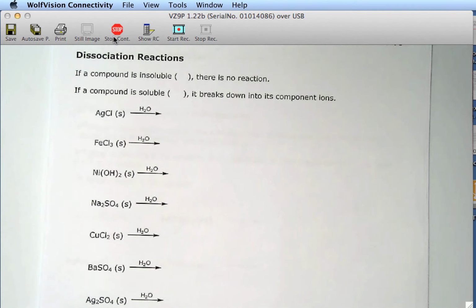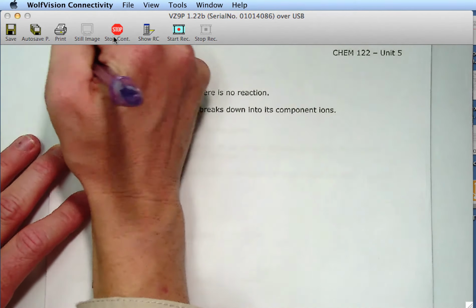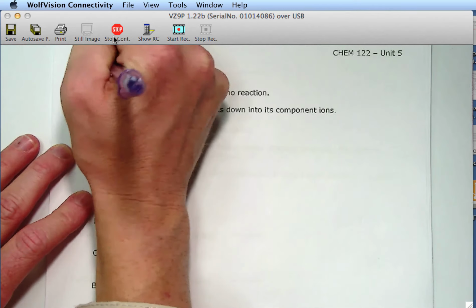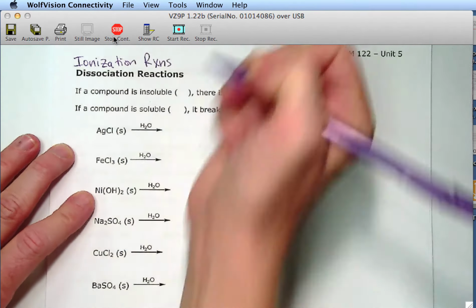With dissociation reactions, remember that dissociation is another word for ionization. We learned about ionization last week, so you can say ionization reactions.